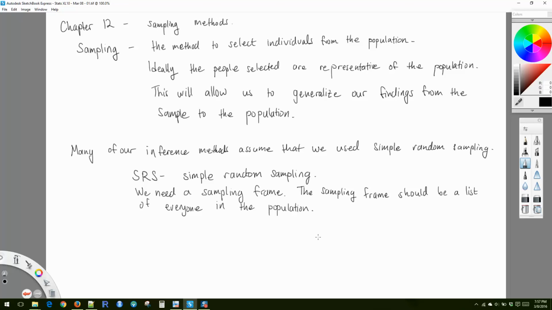Okay, so today I don't know what we could use to possibly have a sampling frame. We used to have phone books, and that would list off everybody, and you might be able to pick names at random from a phone book.